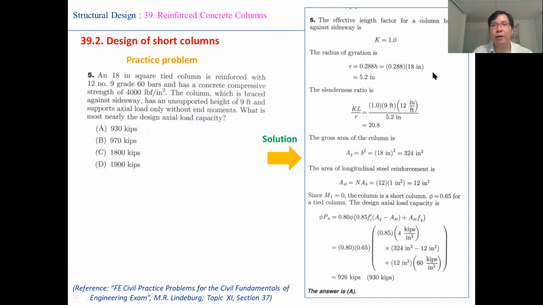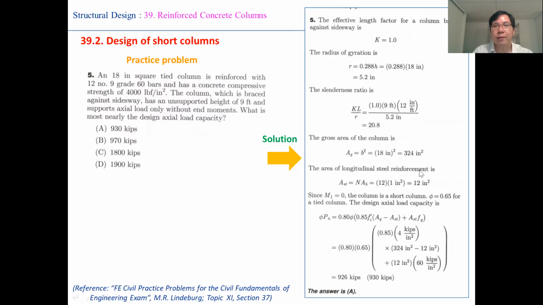And after, you can calculate the radius of gyration, r equal to 0.288 h. And after, you can calculate the slenderness ratio by this equation, k lu per r, and you replace the value of parameters, and you can find the value of this ratio. This value equal to 20.8.